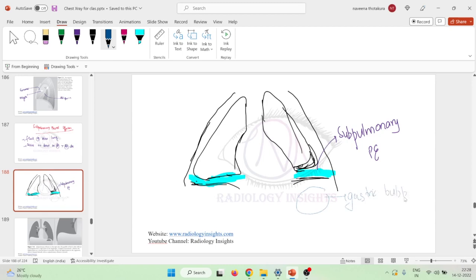Normally the space between the lower border of the lung and the gastric bubble is less.